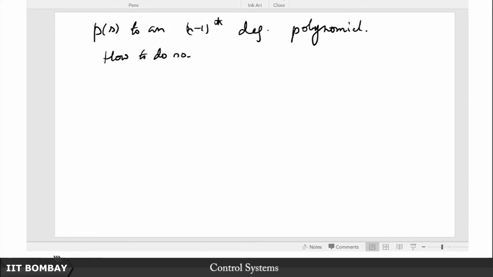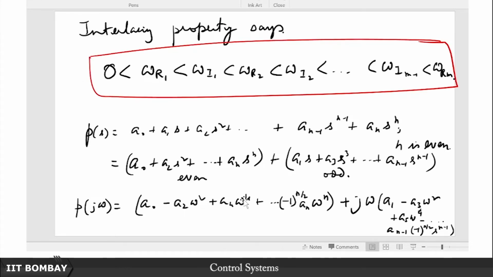So here is an idea. Okay. So you define Q(s) equal to, notice that if it is an even degree polynomial, then the highest degree coefficient must appear in the even part of the polynomial. So I want to get rid of this.